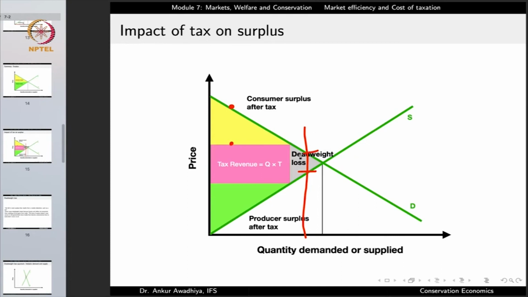And where this red line touches the demand curve is the value that people were putting on this particular good.